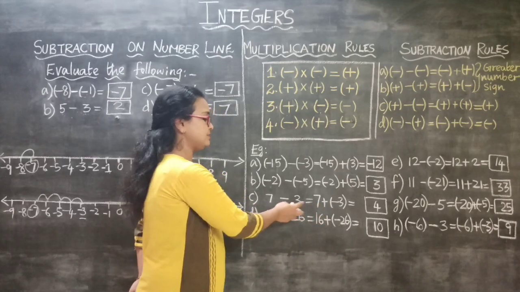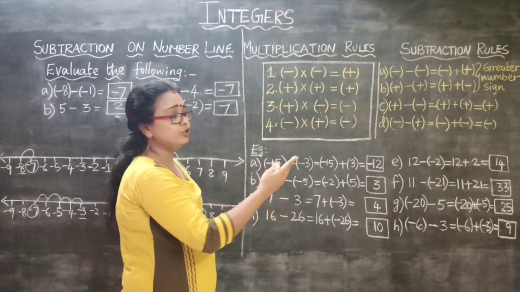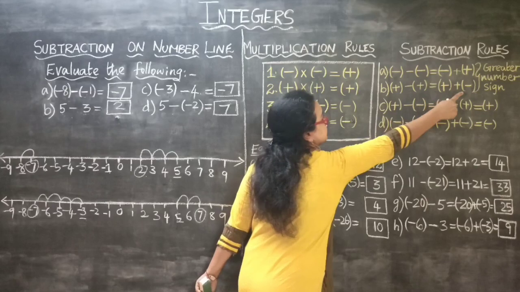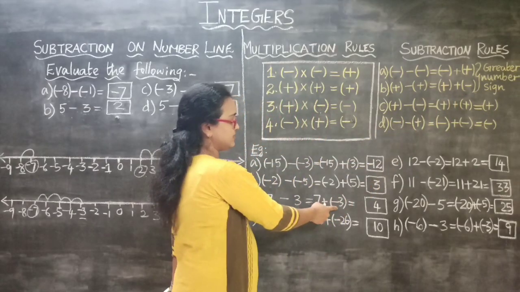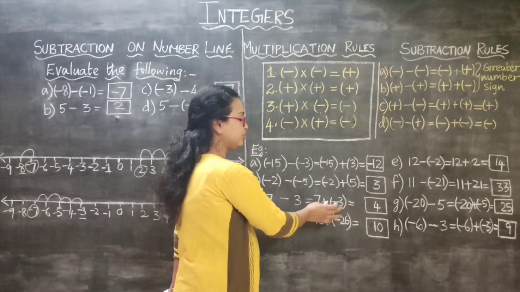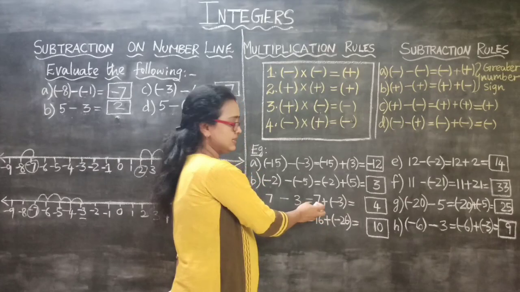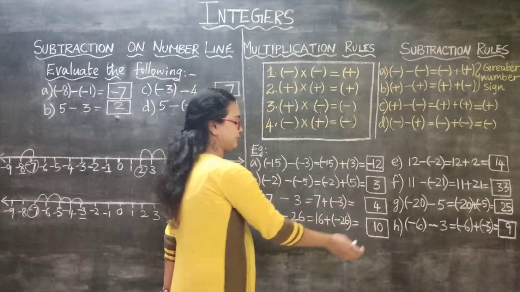So minus into plus becomes minus. That is, the second number will turn into a negative integer. You can see it in the second rule. So here 7 minus 3 is 4, and we have to put the positive sign because the greater number is 7, which has a positive sign. So it is positive 4.